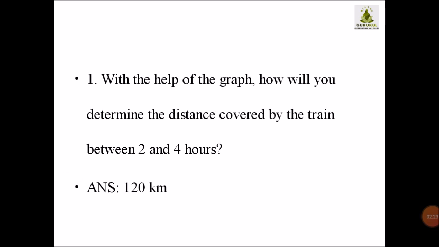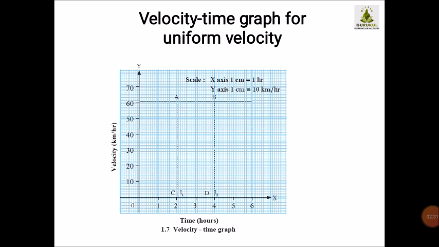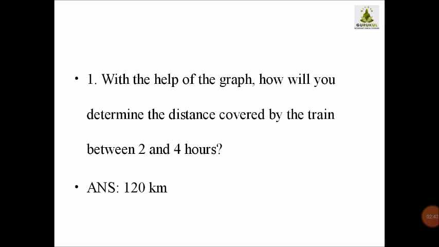With the help of the graph, how will you determine the distance covered by the train between 2 to 4 hours? If you refer to this graph, you can calculate how much distance is covered by the train between 2 to 4 hours.